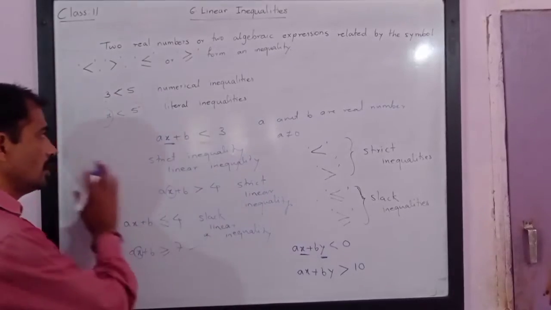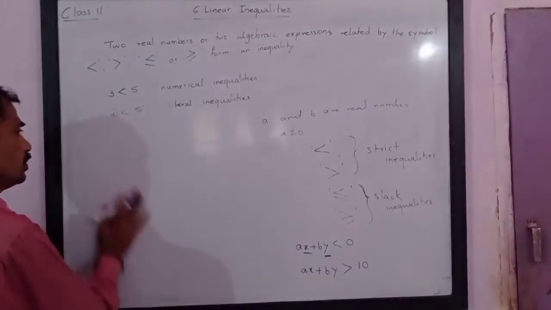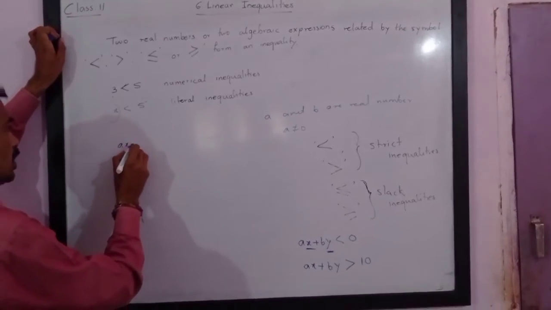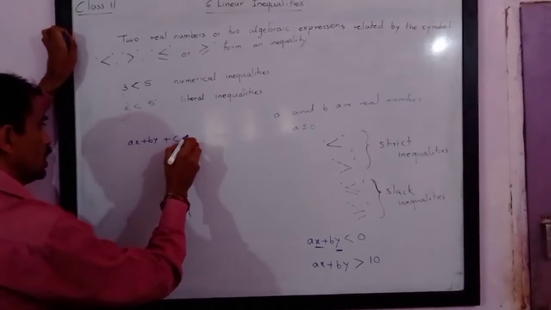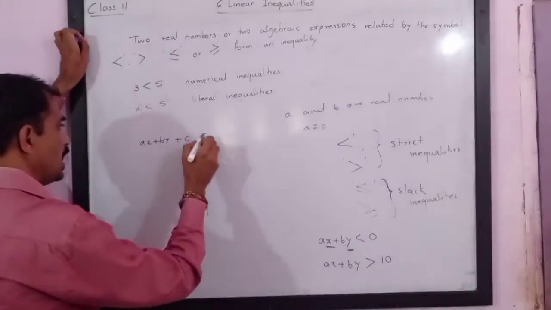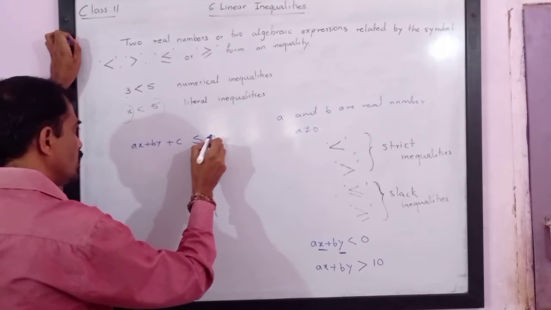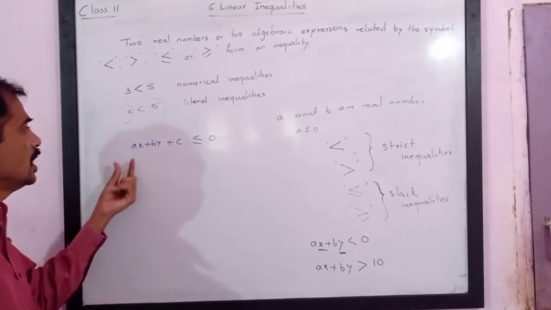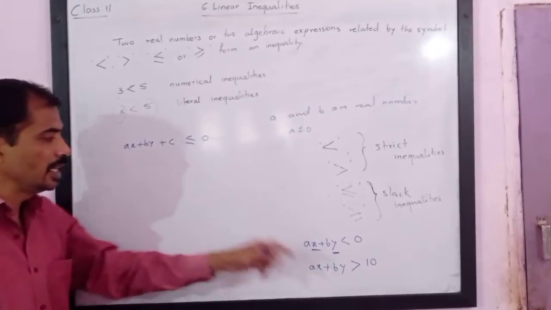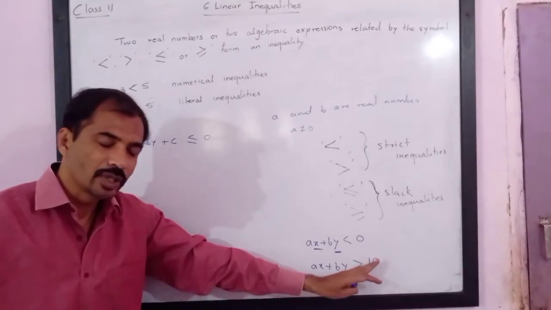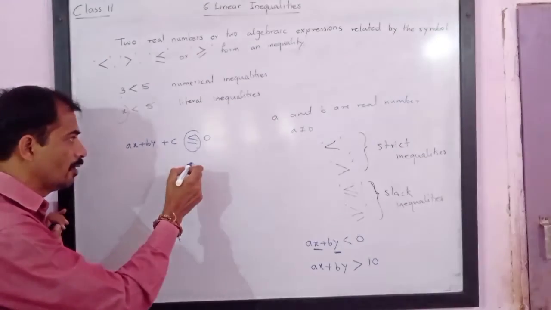Now if you take another relation, ax plus by plus c less than equal to 0. Now see, c is arranged to the left hand side. Here c was some number which was arranged to the right hand side. In this case, it is a slack inequality.